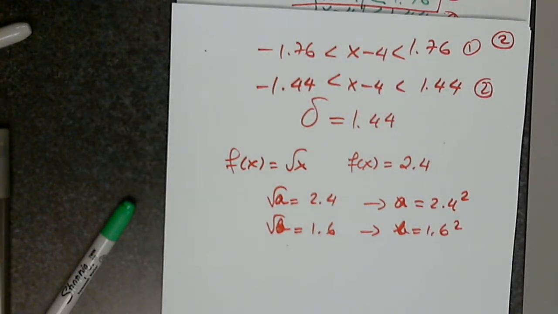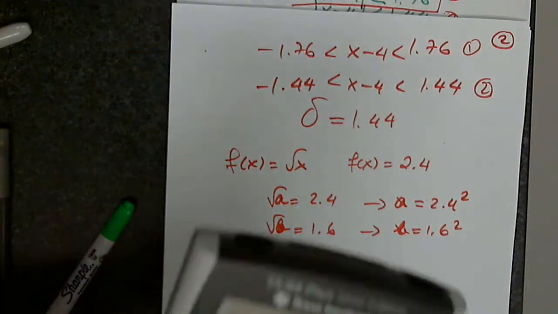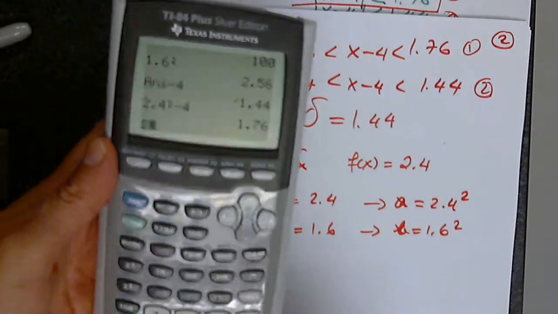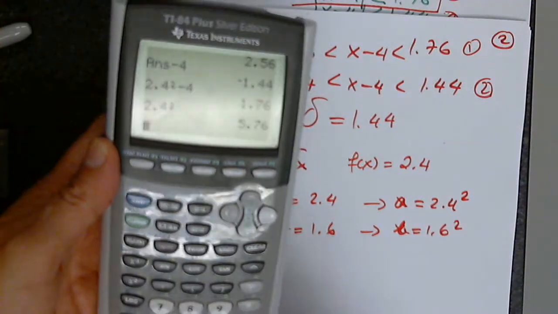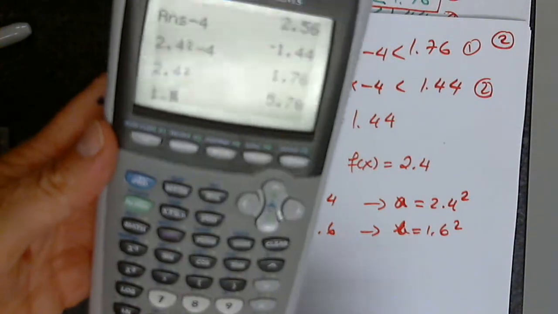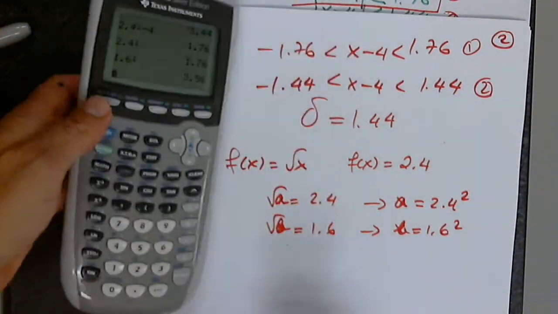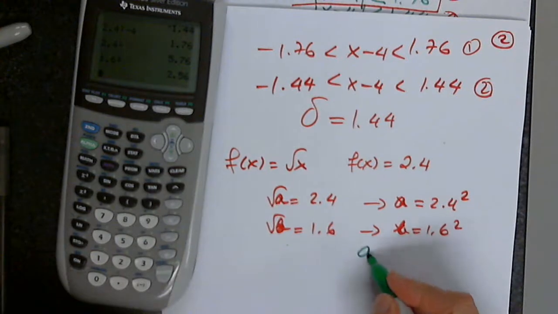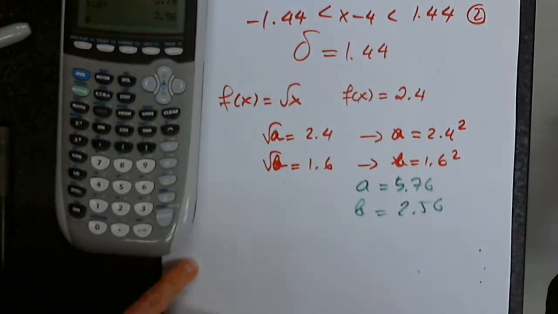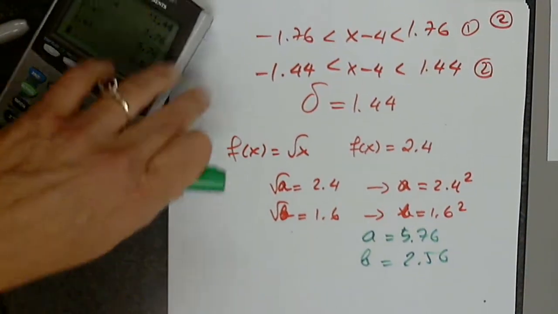So when I square that, that's the other way, and you don't have to solve the absolute value inequality. 2.4 squared will be 5.76, and 1.6 squared, you already gave that to me, it's 2.56. So a will be 5.76, and b will be 2.56. Again, you choose the method you like.